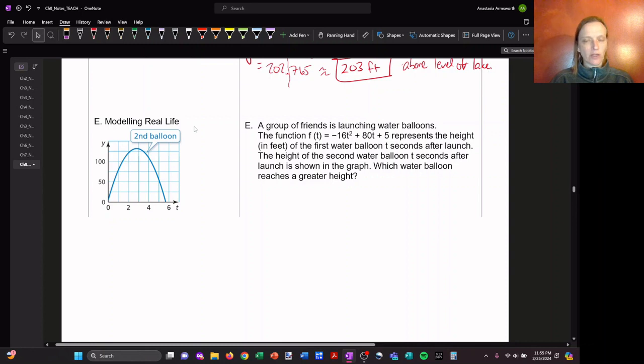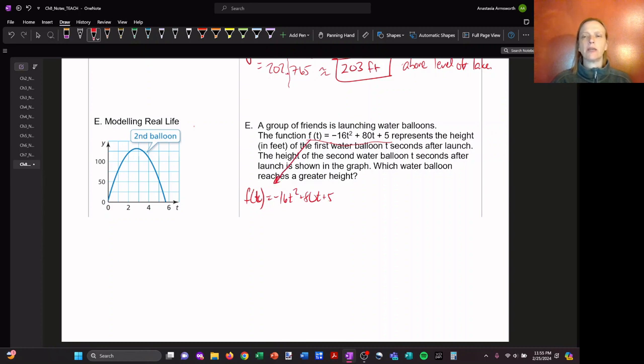Lastly, another real world example. A group of friends is launching water balloons. The function f of t equals negative 16t squared plus 80t plus 5 represents the height of the first water balloon t seconds after launch. So I'm going to have negative 16t squared plus 80t plus 5, and I'll do balloon number 1 in red here. And then the height of the second water balloon t seconds after launch is shown in the graph.